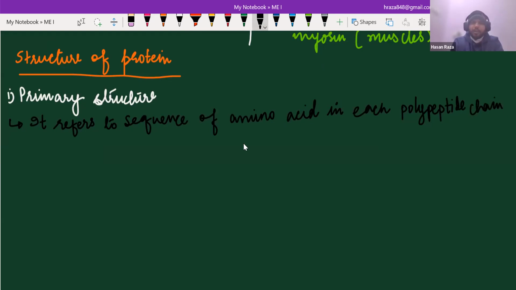And its structure is like this. You can see, for the primary structure, the structure is like this.